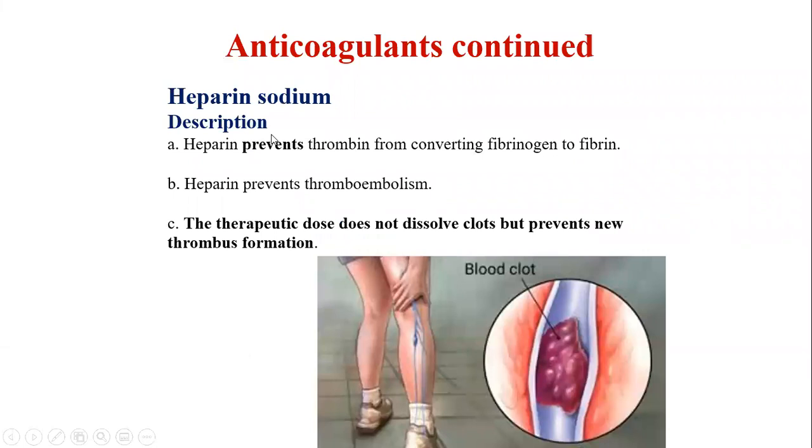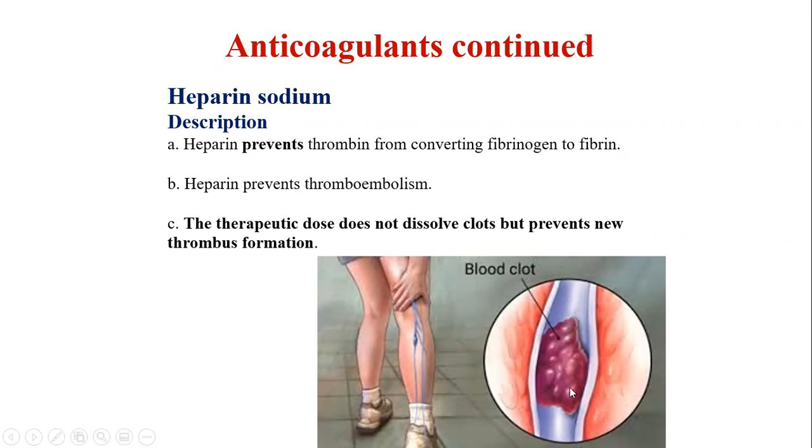Now we are going to talk about heparin particularly. It is called heparin sodium. Heparin prevents thrombin from converting fibrinogen to fibrin. Heparin prevents thromboembolism.